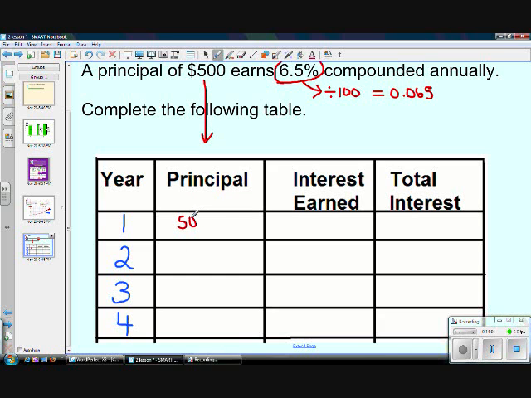The amount of interest I earn from that principal is going to be the 500 multiplied by 0.065. And when I do that, I'm just going to get my calculator out, what I ended up with is $32.50.